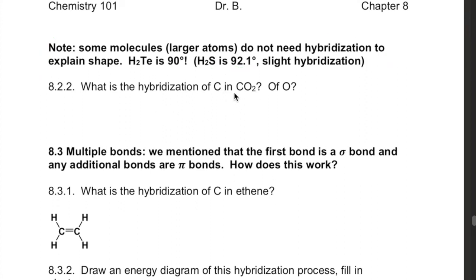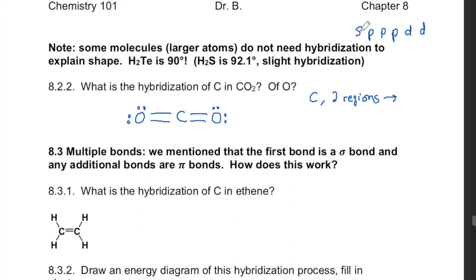Let's go ahead and draw the Lewis structure of carbon dioxide and take a look at each of the atoms and how they might be hybridized. So in this carbon dioxide molecule, the carbon has two regions of electron density. It has two bonded atoms and 0 lone pairs, so that makes two regions.